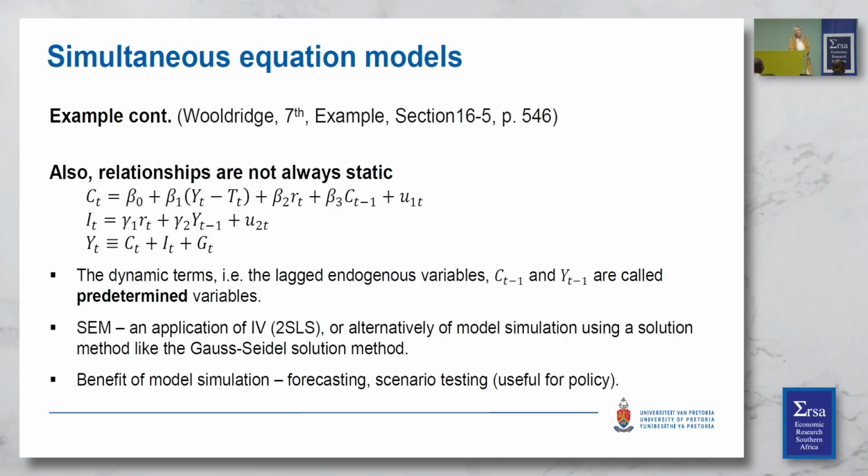Because how will we find an instrument that's correlated with investment that's not correlated with income? Because all these macro variables tend to hang together and move together.